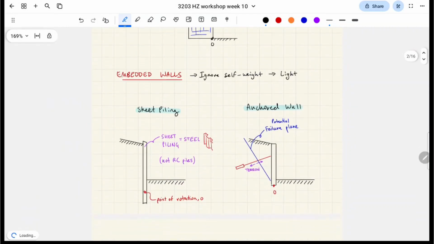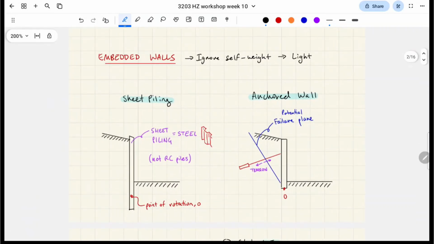Okay, embedded walls, I'll touch on this a little bit at the very end, because we're not going to be able to go through a question in this workshop for embedded wall designs. The idea of an embedded wall is that they're usually very light, so you ignore their self-weight, and you embed them very deep into the earth.